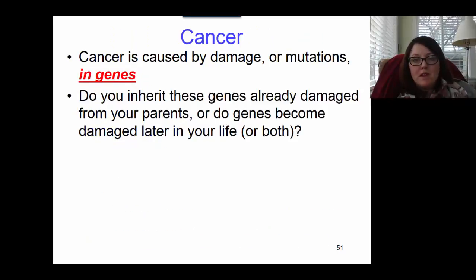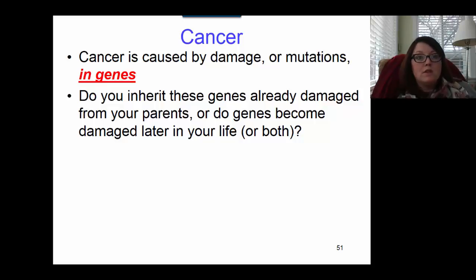So cancer is caused by damage or mutation to genes. All cancers are genetic because all cancers involve problems with genes. But do you inherit these genes already damaged from your parents, or do the genes become damaged later in your life? Or is it both? The answer is that both are possible. You can inherit already damaged genes, but you can also acquire the damage throughout your lifetime.